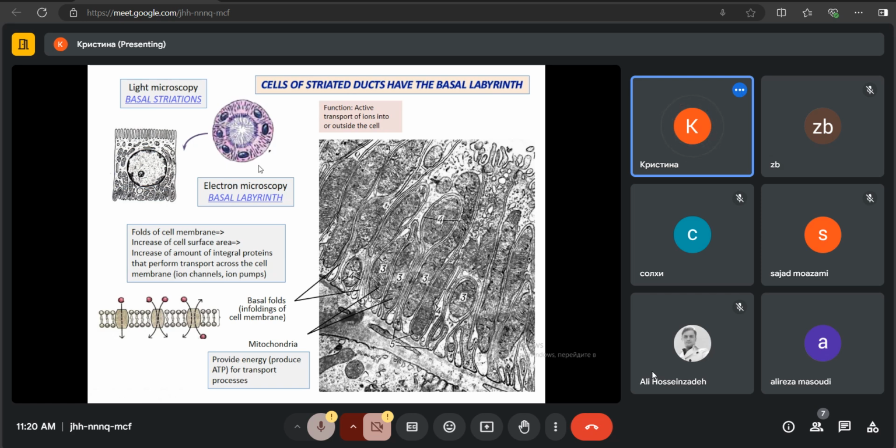Bicarbonate ions would neutralize acids, so they serve for the correct pH balance in the oral cavity. And the water is pumped out from saliva to make the saliva more concentrated.